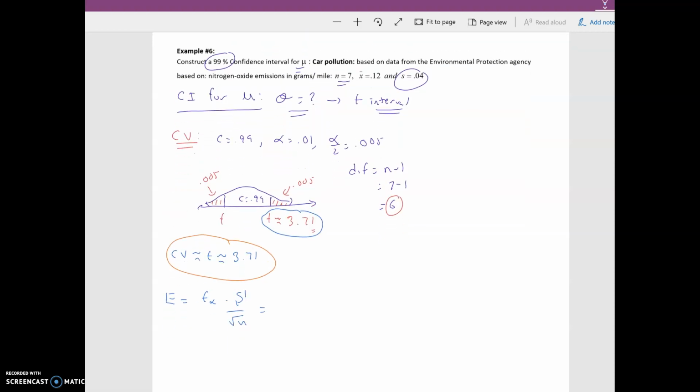The critical value ended up being 3.71 times the standard deviation, 0.04, over the square root of n. n is 7. So take a second and evaluate the standard error. We'll round that to 4 decimal places. Please evaluate. I'm getting 0.0561, rounding to 4 decimal places.